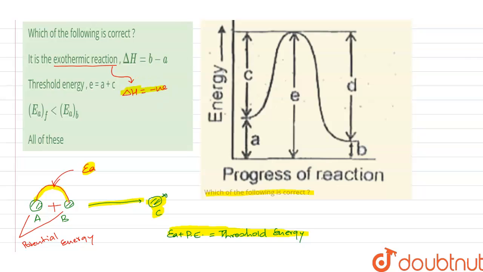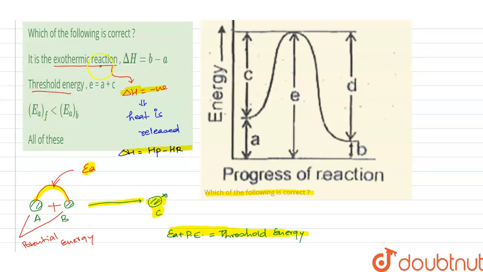The negative change of enthalpy tells us that heat is released, and delta H is defined as the enthalpy of product minus the enthalpy of reactant. So this is all about the exothermic reaction, and we have known about the threshold energy as well.